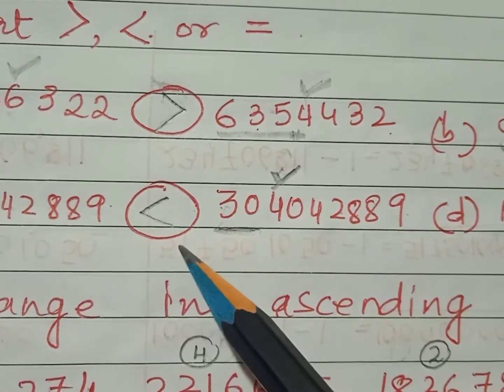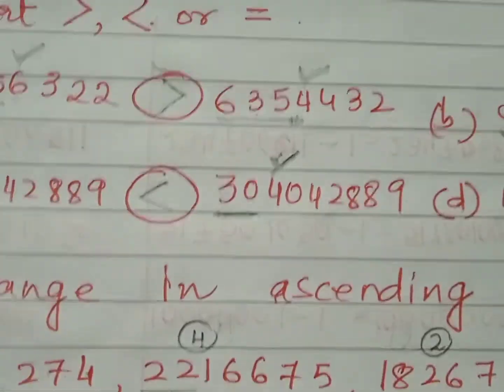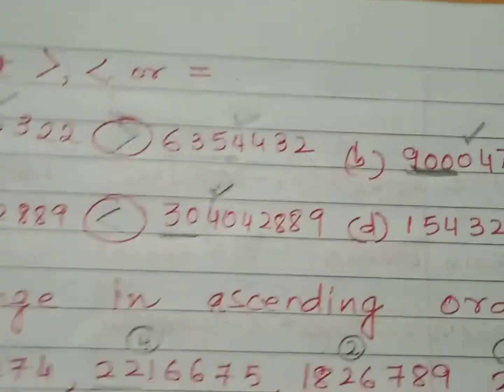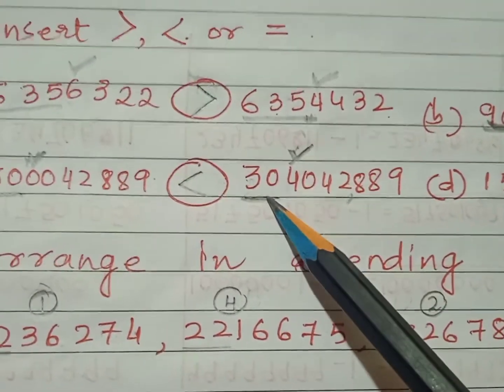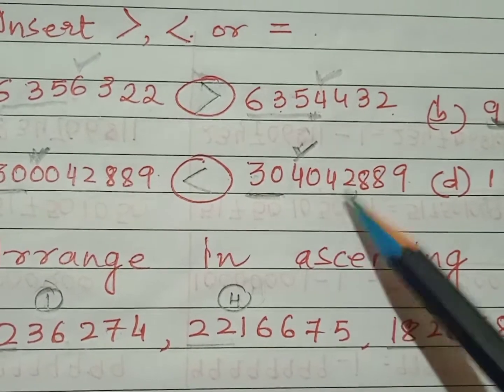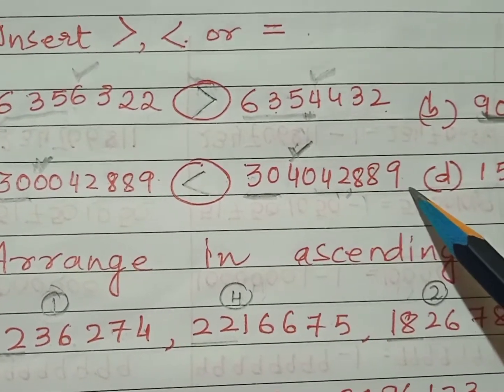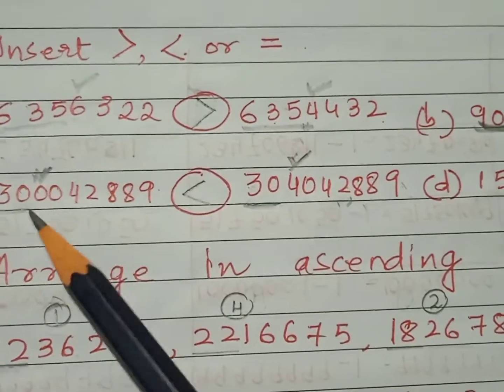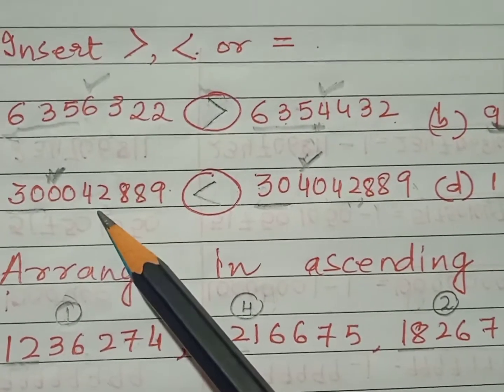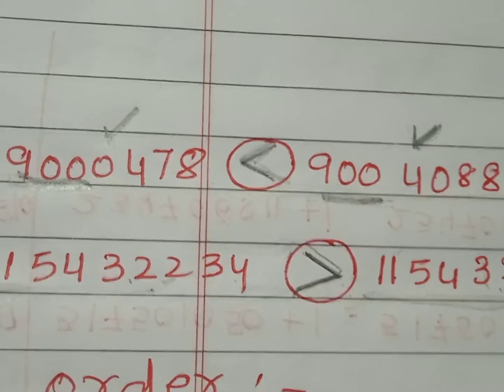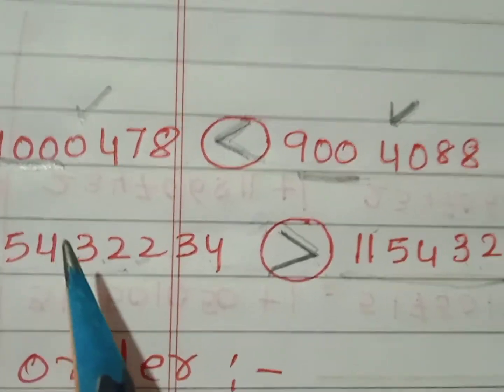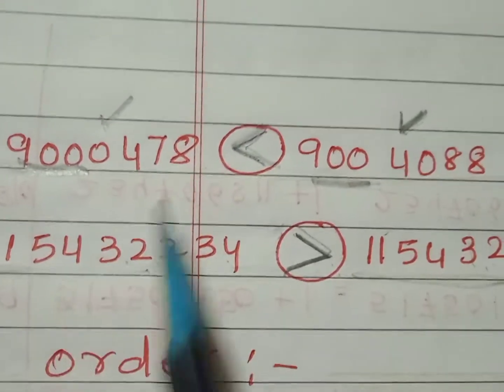So we have the symbol in this direction. That is, we will have to decide that 30 crore 40 lakh 42,889 is bigger than 30 crore 42,889.